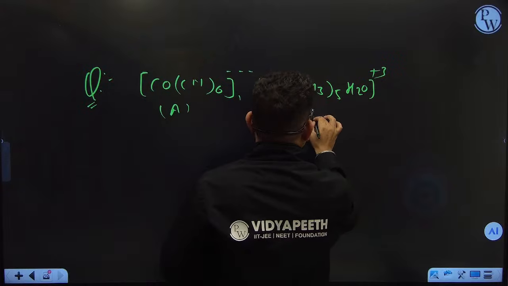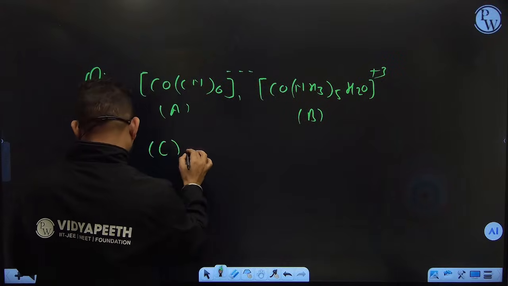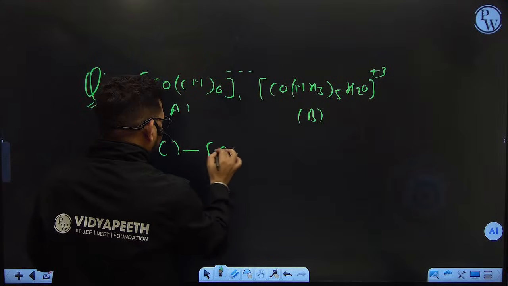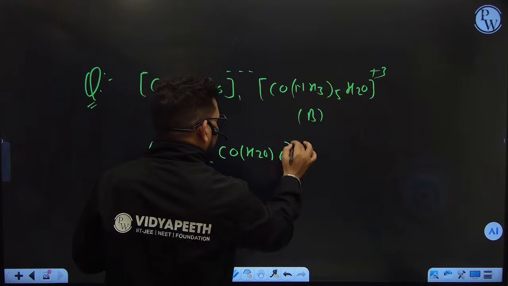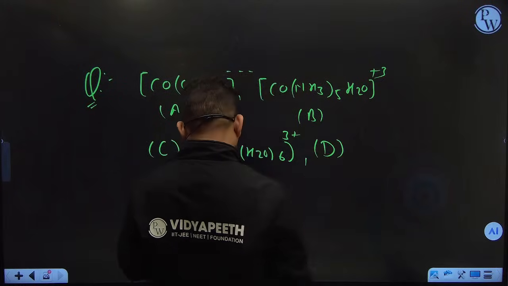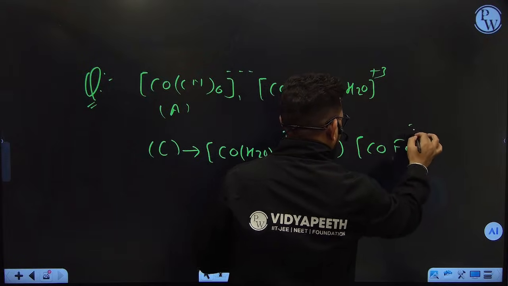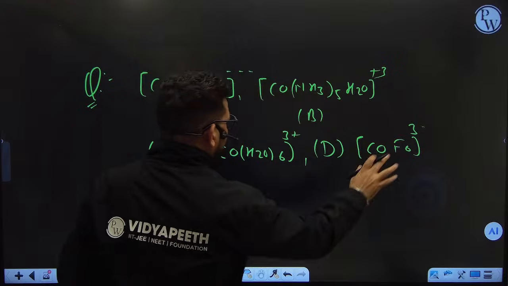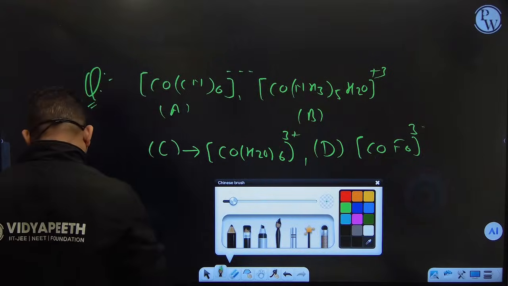Then the third compound is Co(H2O)6 3+. And the fourth one is written like this, CoF6 3-. So all these 4 options are given to you.